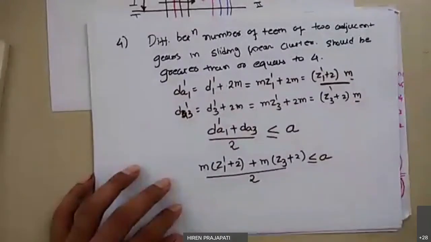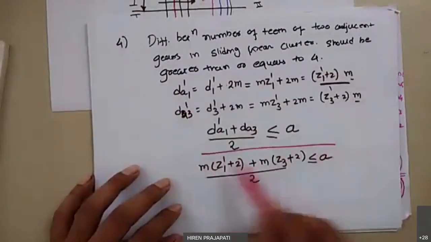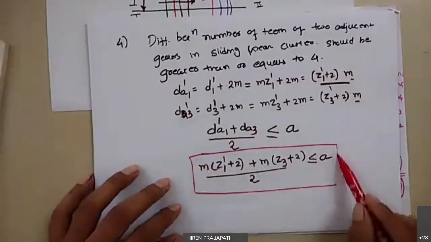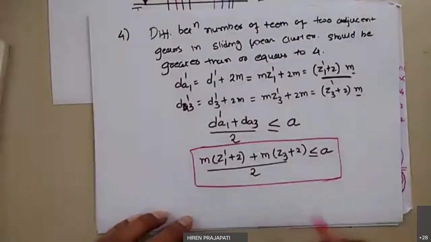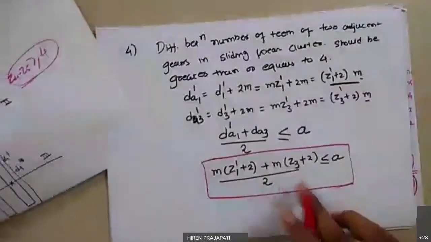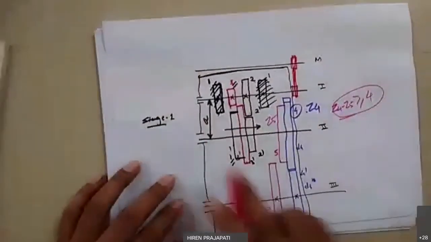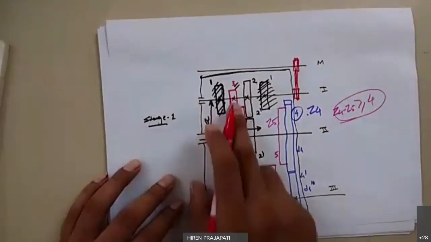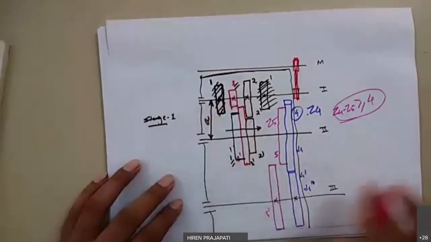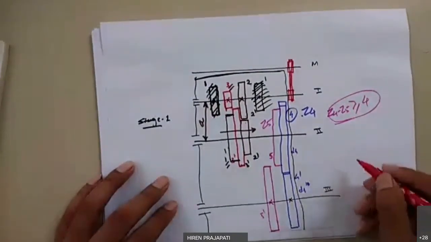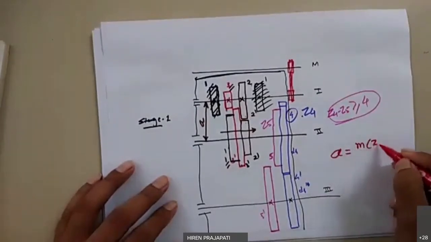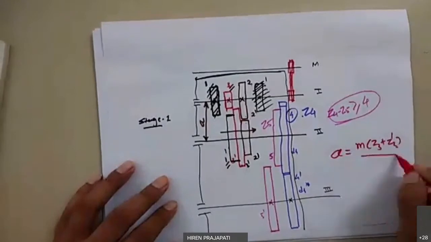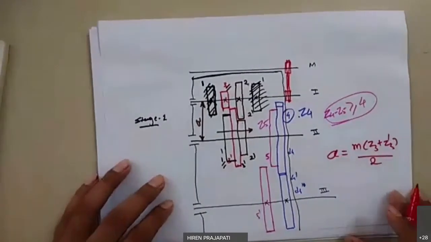After getting this equation, this is the condition to avoid interference. Now if I write the center distance in terms of teeth, what is the value of A based on this C and C dash here? A is nothing but m times z3 plus z3 dash, divided by 2, right?